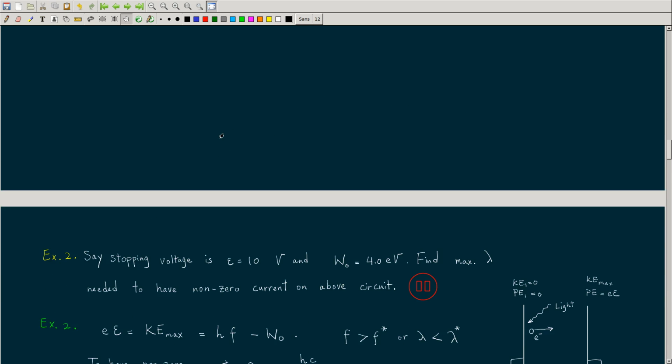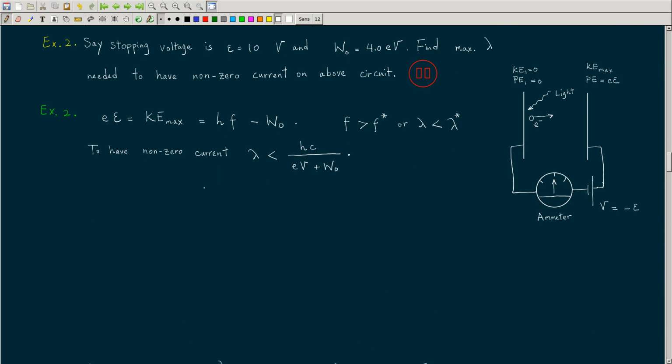So here I drew the figure again, and let's go through the argument why the electrons, this is called the stopping potential, why the electrons will stop before this plate again. When electrons jump out of the metal, there is no potential energy anymore, let's say they're at zero potential energy here.